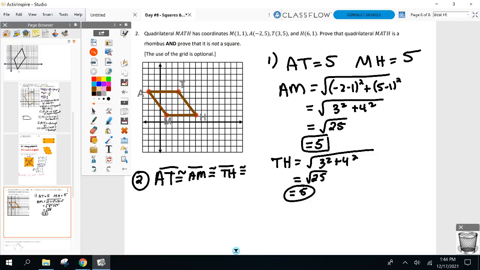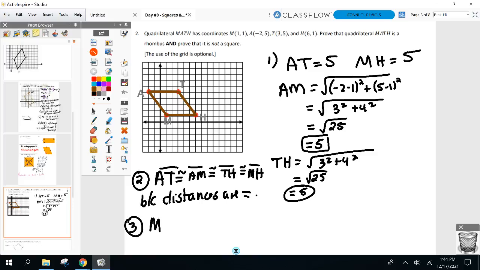What's the other side I'm missing? MH. Because distances are equal. MT is a diagonal. Oh, then I put the letters all wrong. Because distances are equal. Now what do I know the figure is?